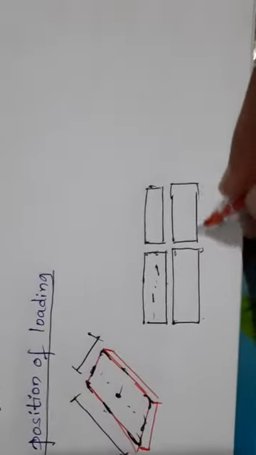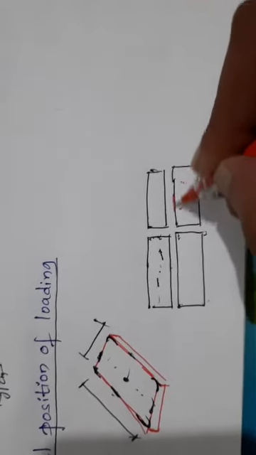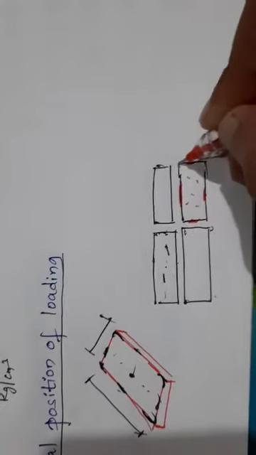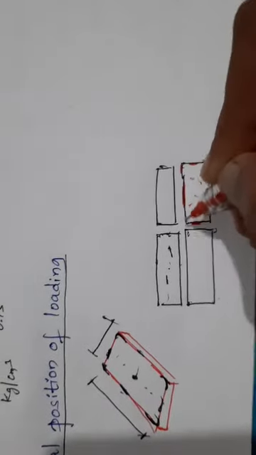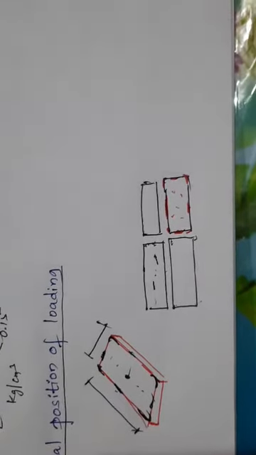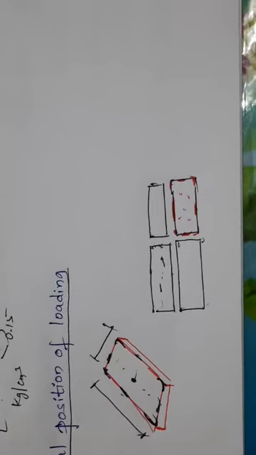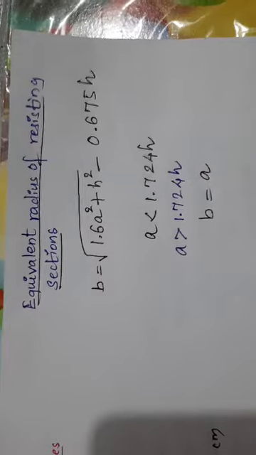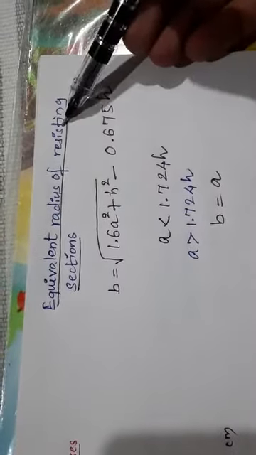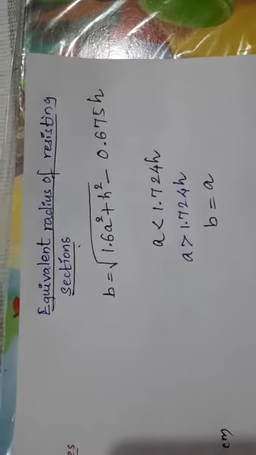If you consider this as one slab, these are the interior loading wherever it comes, and these are the edge loading and these are the corner loading. So, these three are the critical positions when you look into the rigid pavement slab. Next is the equivalent radius of resisting section. This is the last one which Westergaard considers.